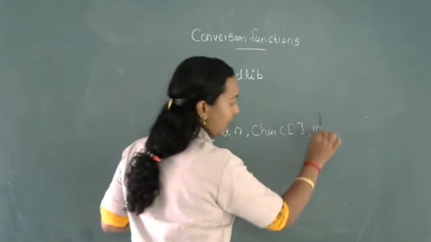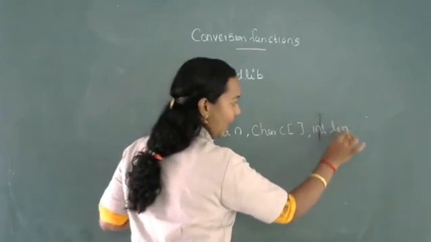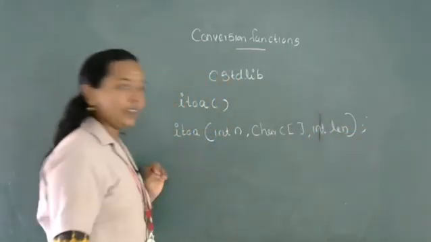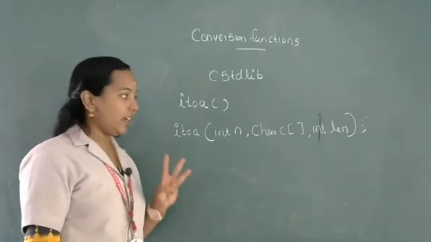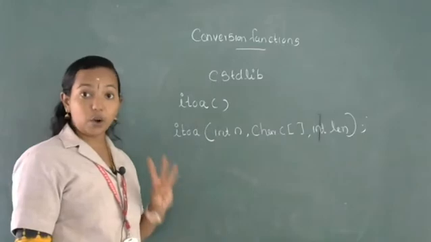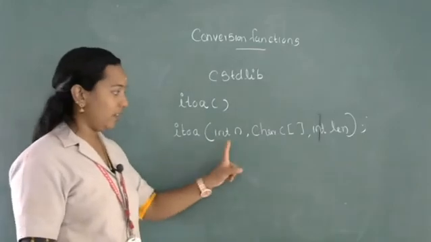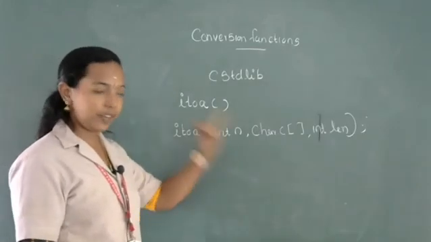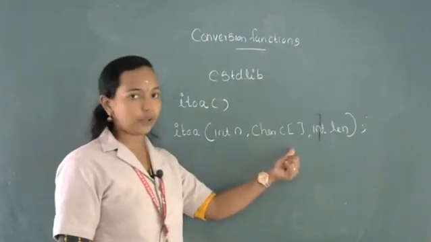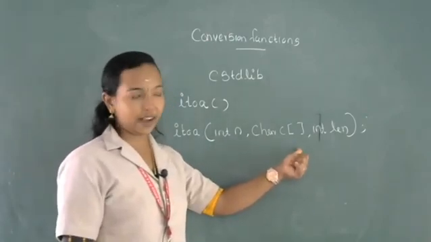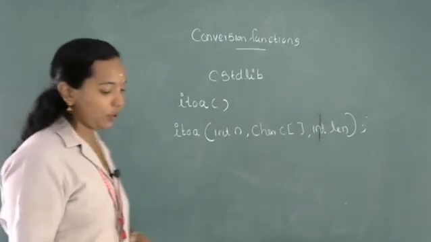Then after that you specify the length. This is the general syntax of the itoa function. It contains 3 arguments: the number we are converting, the character array, since converting a number into alphabet requires a character array, and after that the length of the string.